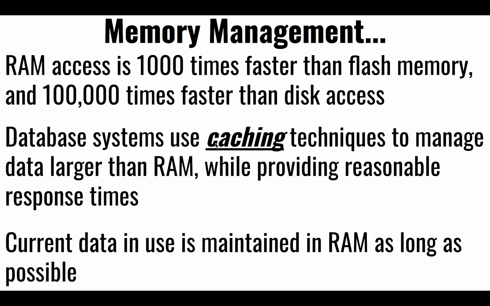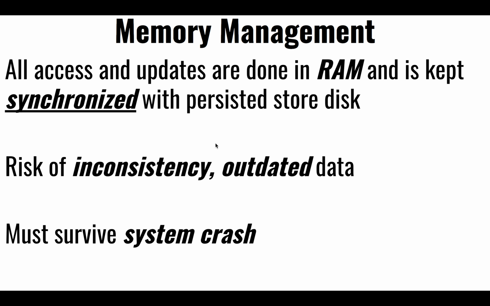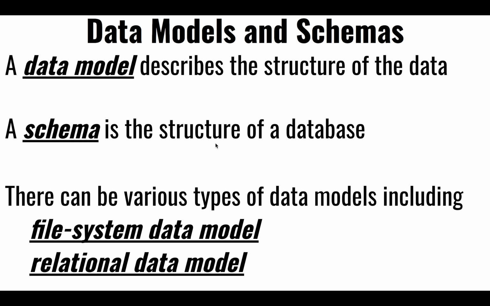So how do you deal with those kinds of things? Databases deal with those things, and also being able to automate the synchronization of whatever's in RAM and whatever's stored in the database, and survive system crashes. A system crash might put the database into an inconsistent state.